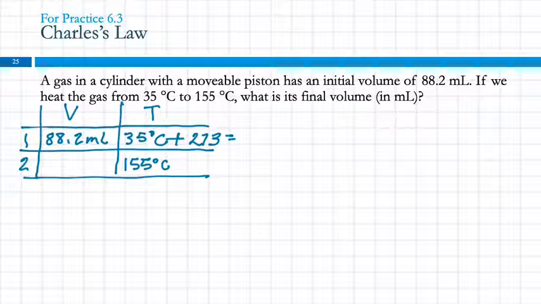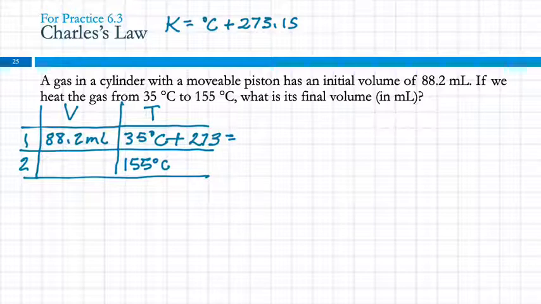The relationship: Kelvin equals degrees Celsius plus 273.15. The book is sloppy about this, which bothers me a little bit, but we'll have to deal with it. Sometimes it's very important to have the 0.15, other times it doesn't matter.